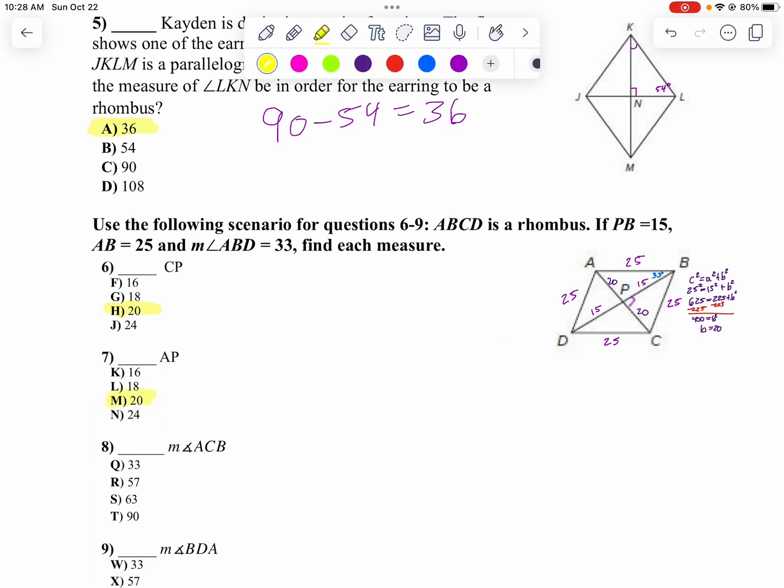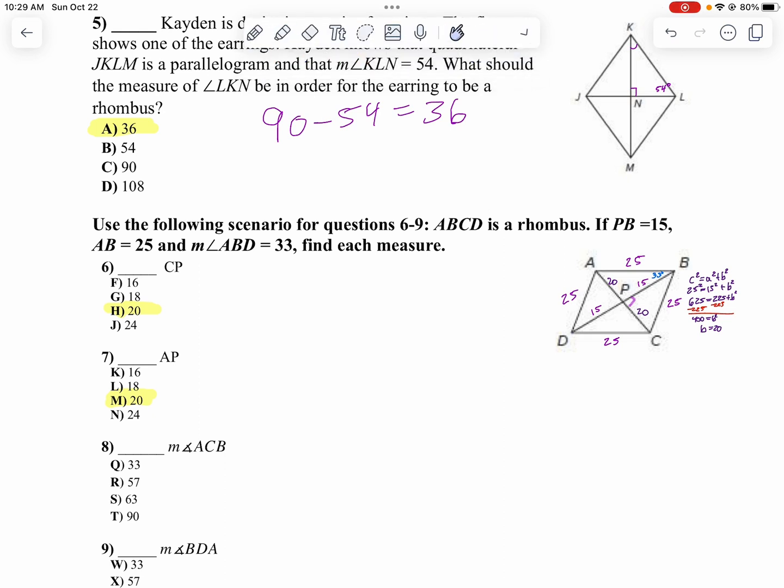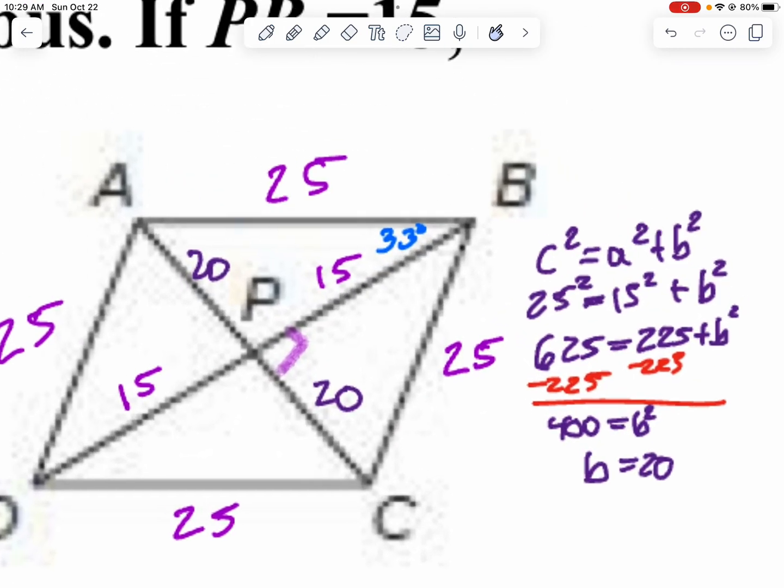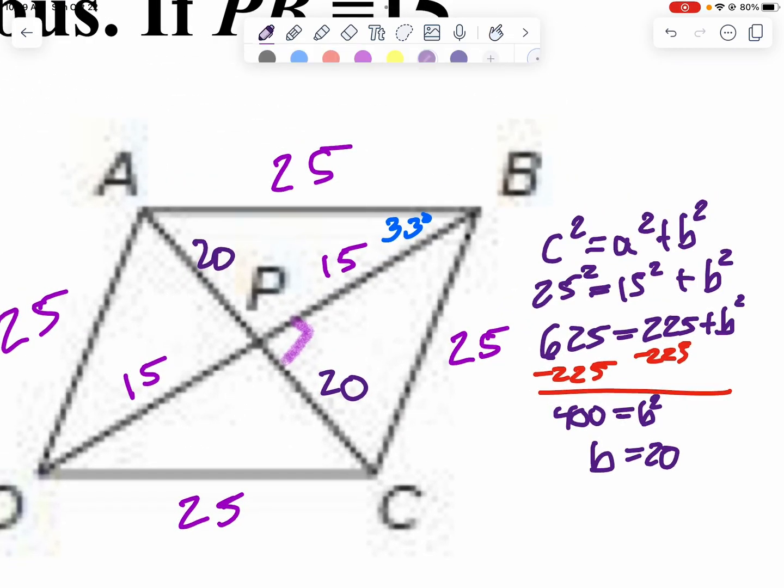Let's find the measure of angle ACB. So A to C to B. Well, when we look at our rhombus, remember one of our rules for a rhombus is that the diagonals bisect the vertex angle.